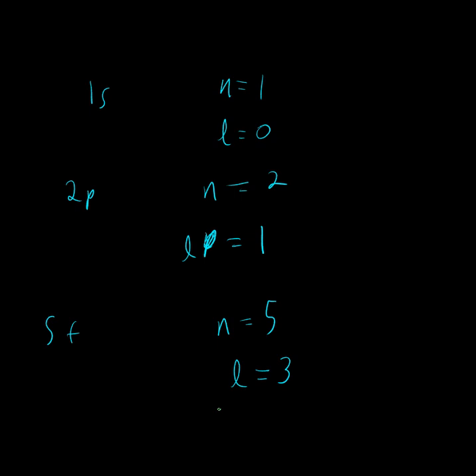Basically, it's very straightforward. If you know that L equals 0, you get S. If L equals 1, you get P. If L equals 2, you get D. And if L equals 3, you get F. If you know those, then you can really easily get between these, because to get from the quantum numbers to orbitals, you're given n equals some value, so I'll just leave it as n.